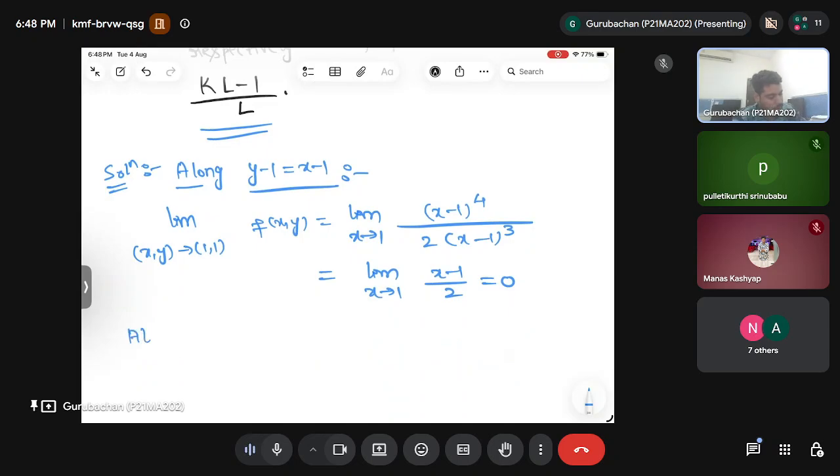Now the other path is along y minus 1 is equal to minus (x minus 1) e to the power x minus 1.